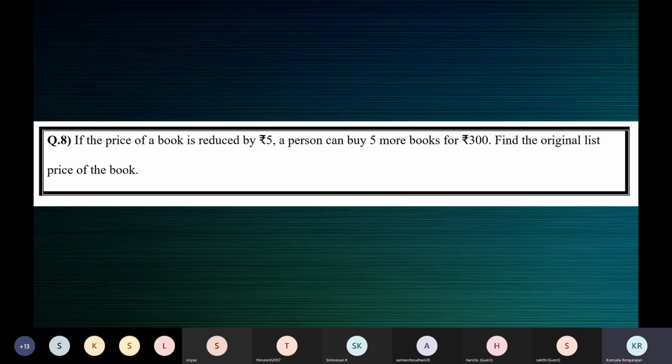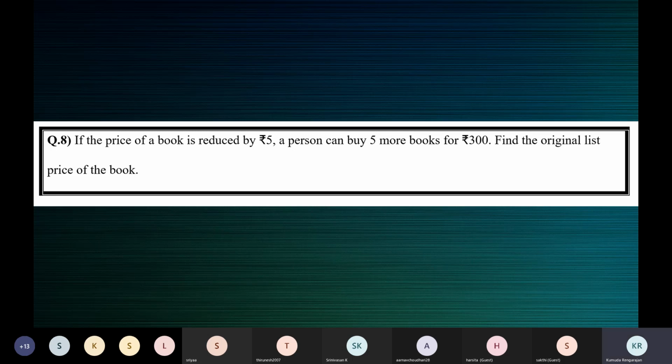Like how we found 300 by 50 and 300 by 60, the total money divided by the cost per book will give you the number of books you can buy.